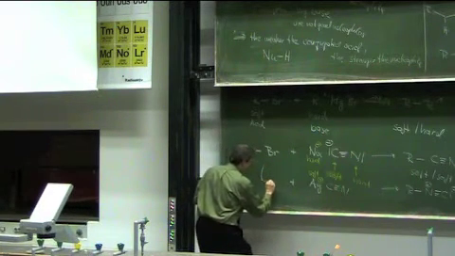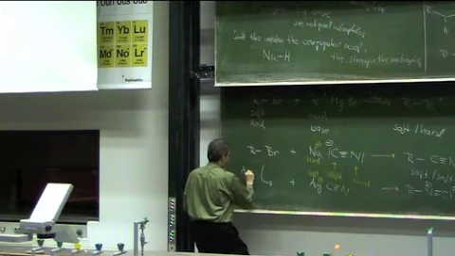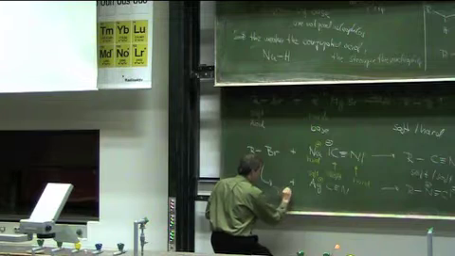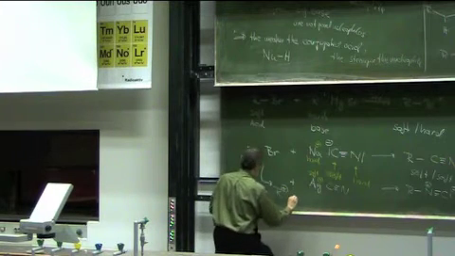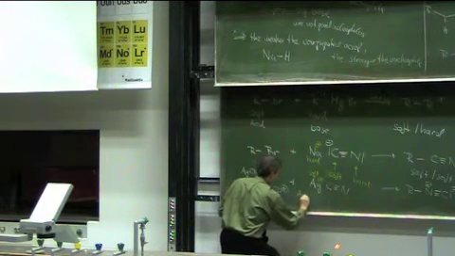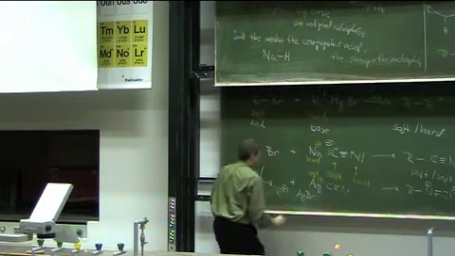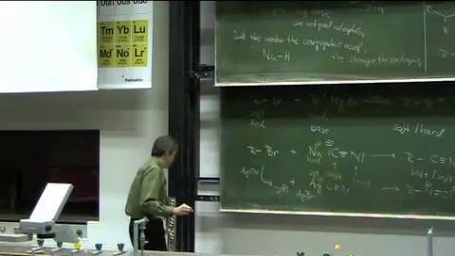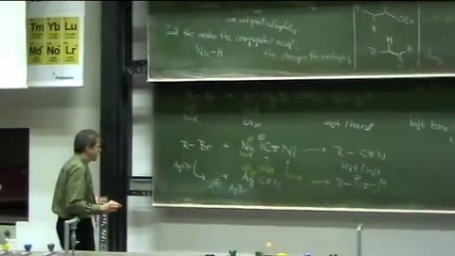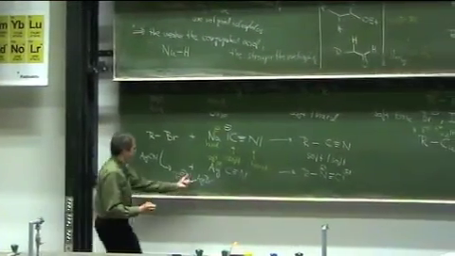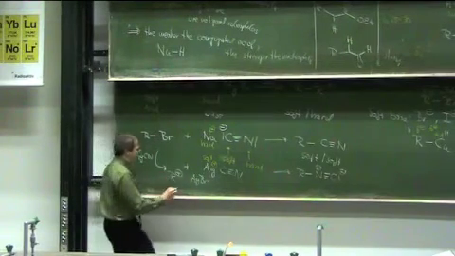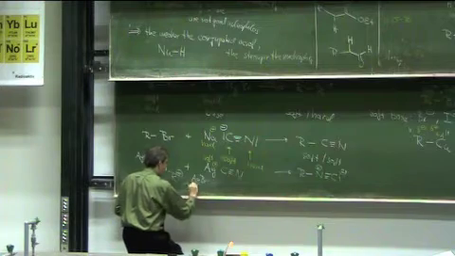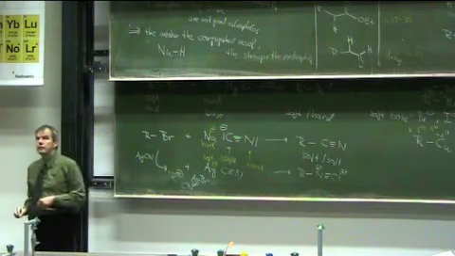So in the presence of the silver cyanide, what is most likely occurring is that somewhere you abstract the bromide, you create a carbocation and your cyanide ion.